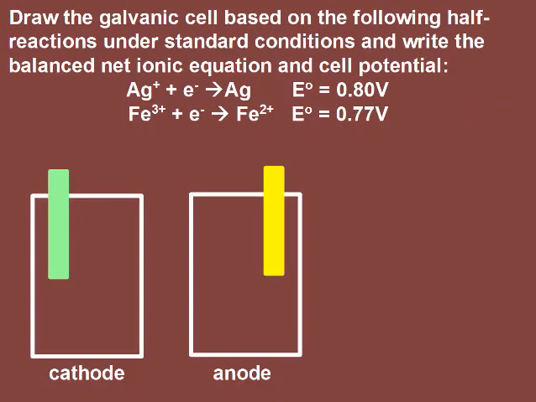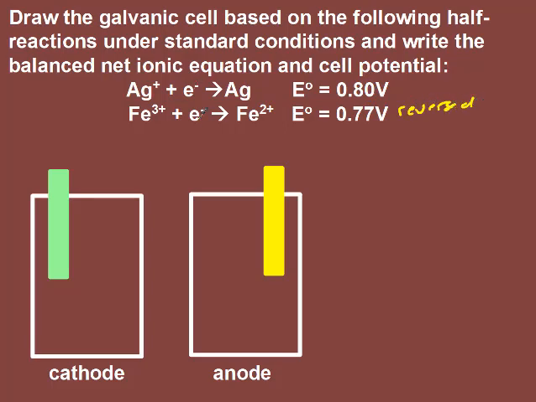This one wants you to draw the galvanic cell based on the following half reactions under standard conditions and write the balanced net ionic equation and cell potential. So go ahead and pause the video and first write your balanced net ionic equation and figure out your cell potential. Restart when you have those two things. So step 1, we look and see that this one's more positive, so this one should be reversed.